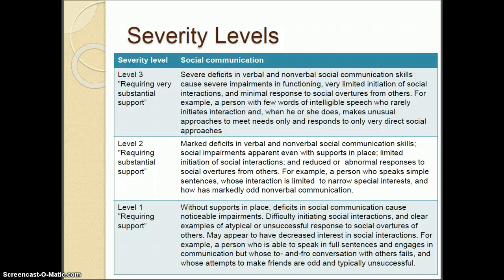And this is going to range all the way down to level 1. They only require some support. Without some support in place, deficits in social communication will cause noticeable impairments, but with those supports in place, a person at level 1 should be able to function in a fairly typical way in a normal environment.